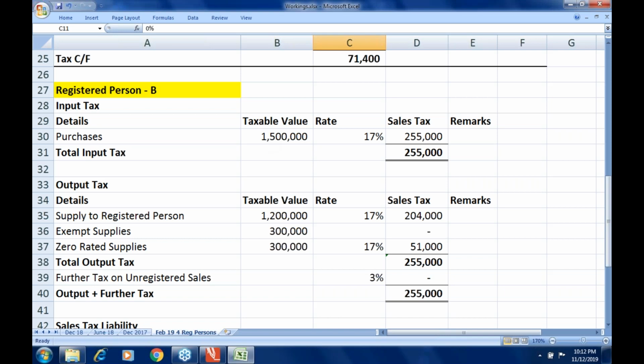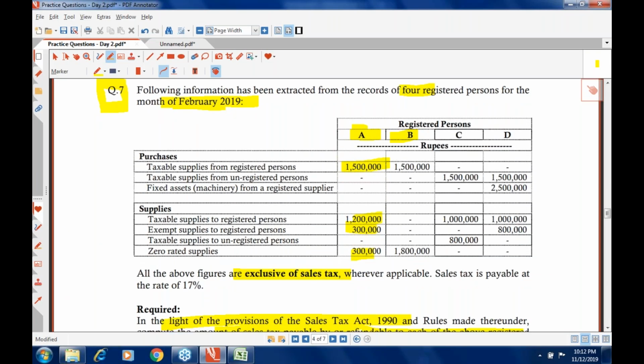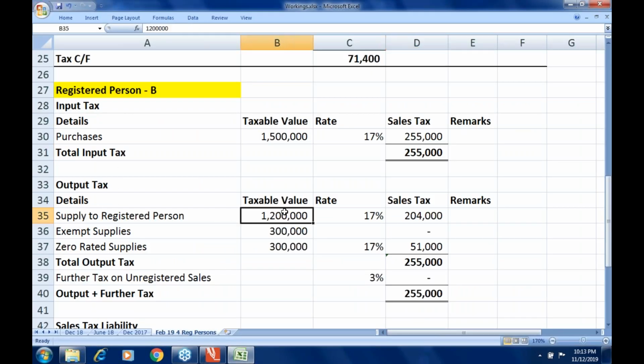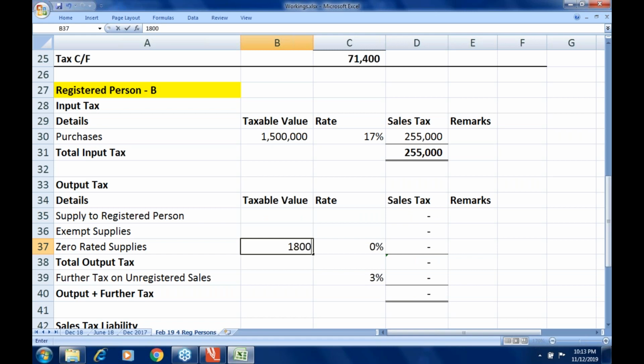So now when we talk about this registered person B, the purchases is again 1.5 million, and this was at 17%. And then they have got zero rated supplies, and that is only 1.8 million. So now basically this is all going to be deleted here, and it's just going to be 0%, 1.8 million.